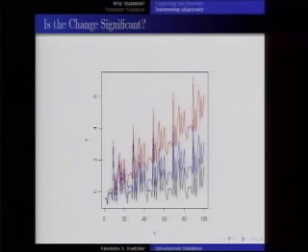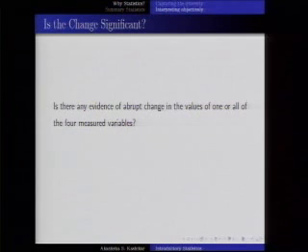So this is the second objective of statistics. The first objective is to summarize variation into some general number, and the second objective is to see what is significant and what is non-significant. So the basic problem is: is there any evidence of abrupt change in the values of the variables, pH or sulfate or nitrate and so on?